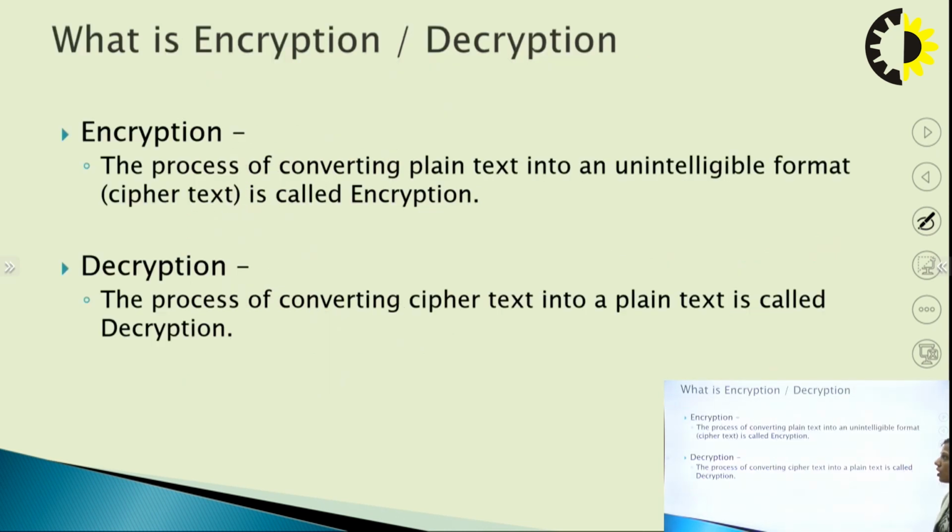So let's discuss what encryption and decryption are. In cryptography, we use two processes, encryption and decryption. We have discussed earlier the process of converting plain text into an unintelligible format, meaning an unreadable or secured format. The message is converted into ciphertext, which is the unreadable format.